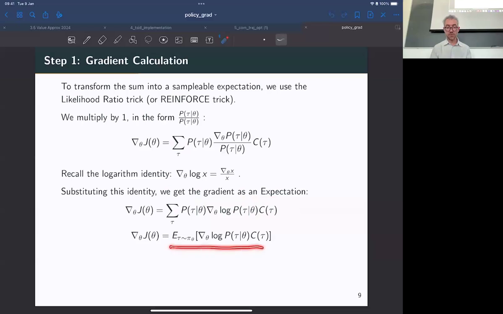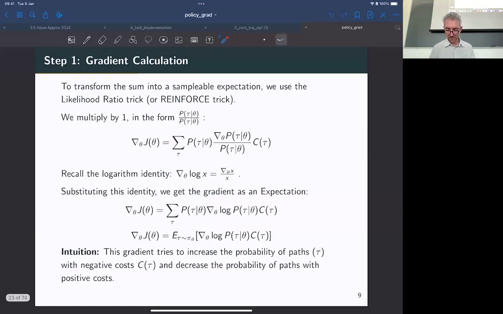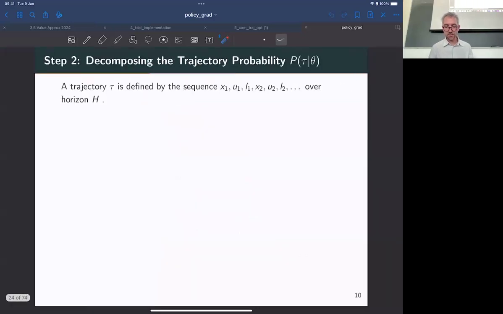So I can rewrite it like this. I have an expectation where instead of taking the gradient of p, now I take the gradient of log p. And that's going to be the key for making that computation feasible. Okay, we're going to go to that later. Let's try to get to the end of the math.